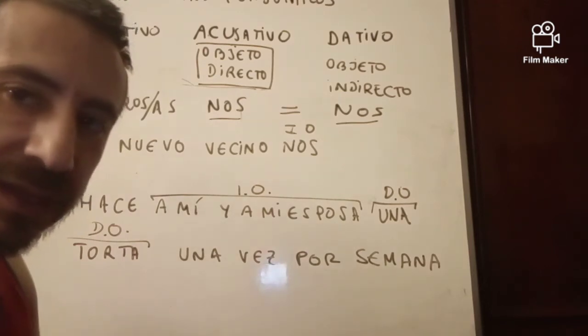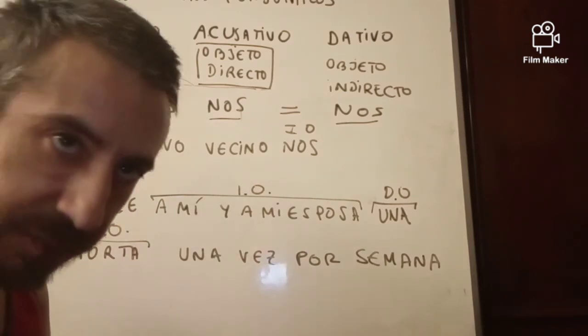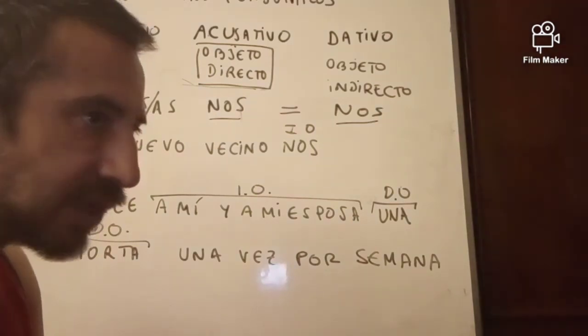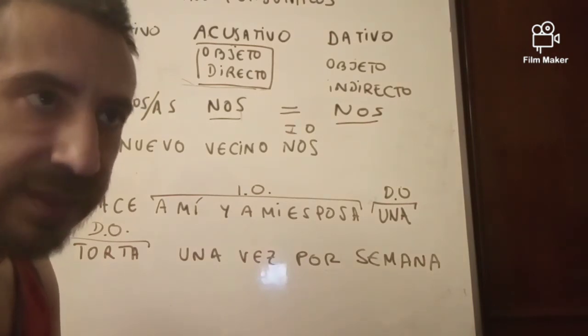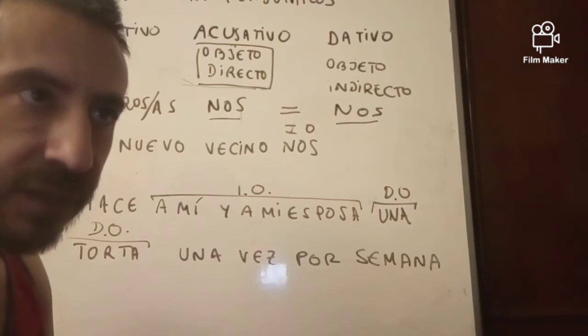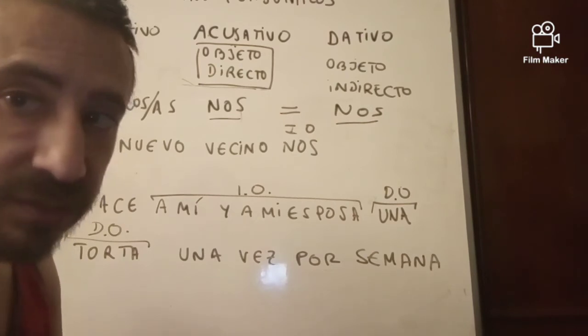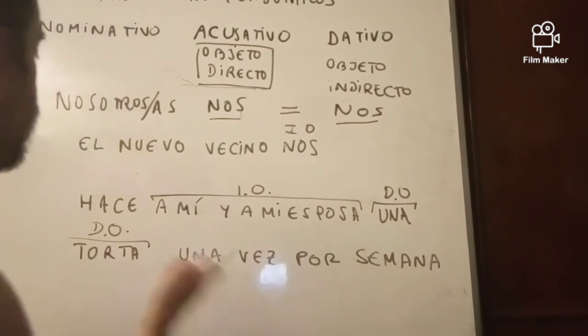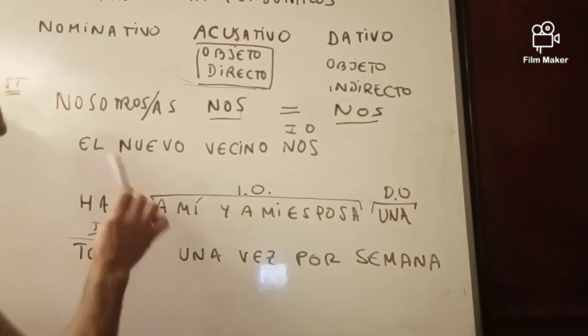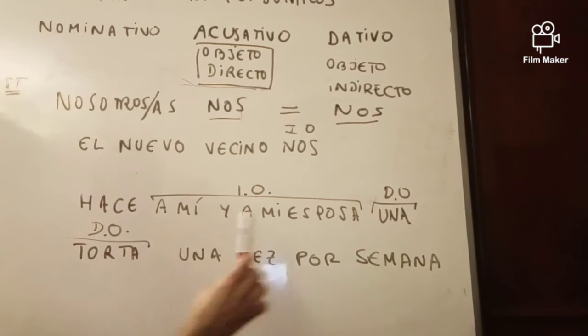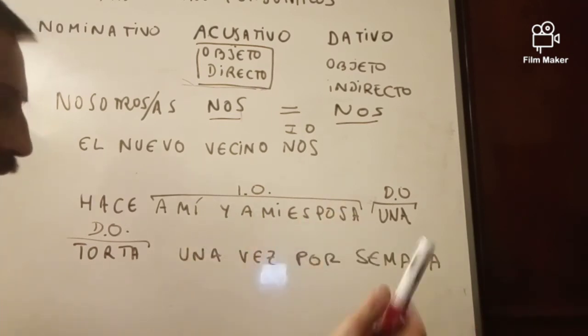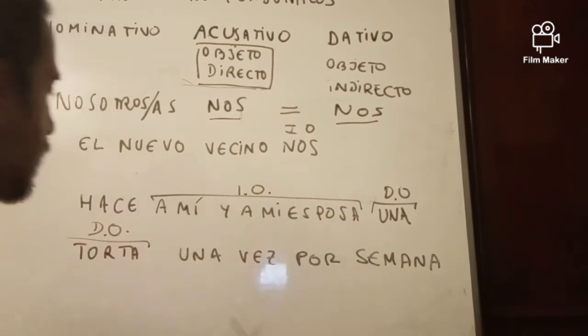Remember that the hyperbaton in Spanish is very common because it's a Romance language, and we can change the word order. I'd rather say it in the way we want to do that. There are a few limits. We can say el nuevo vecino nos hace una torta, the direct object, and then the indirect object, as you do in English.